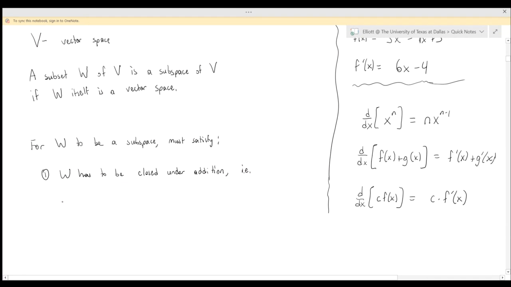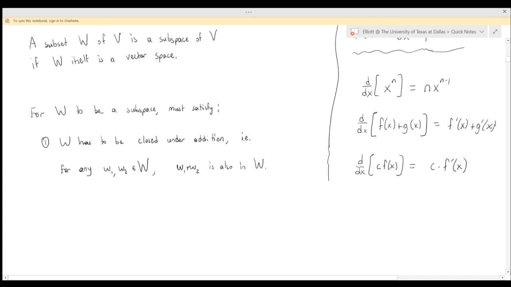What it means is for any two vectors, W1 and W2, inside of this set W, their sum, W1 plus W2, must also be in W. Okay.